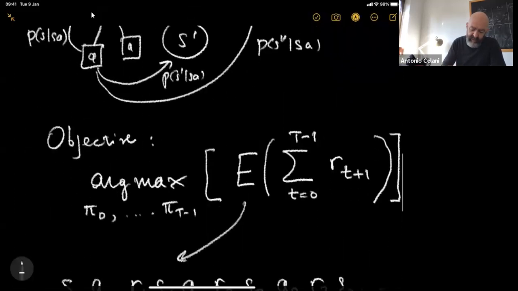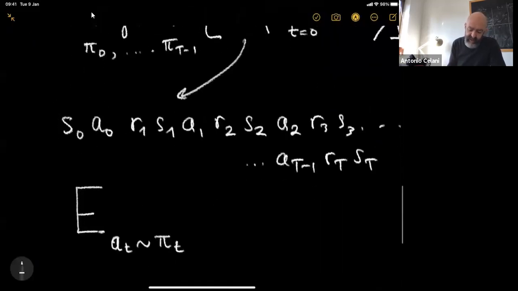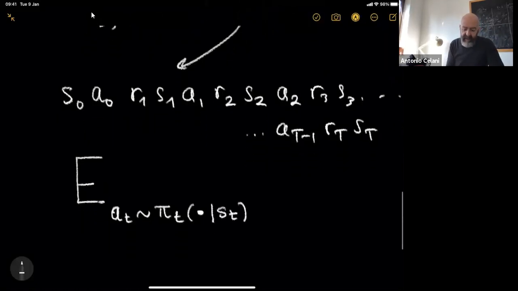So I have to keep the same time index here. This is taken from the policy pi t. We put a dot here, and then we say from state S t. So this means that if I'm in state s_t at time t, I pick a_t from the probability distribution given by pi t. This is the formal way to describe this.